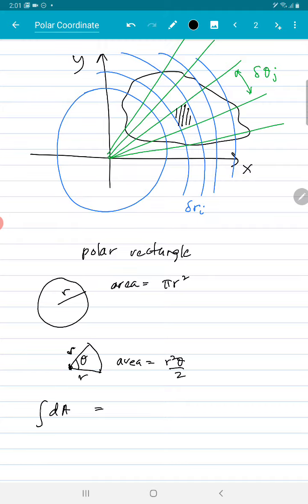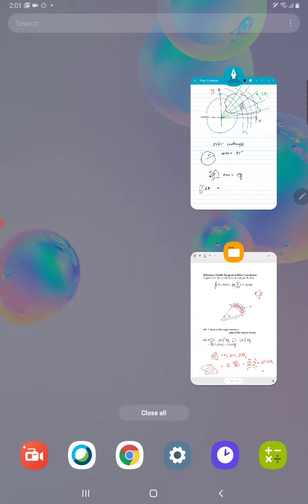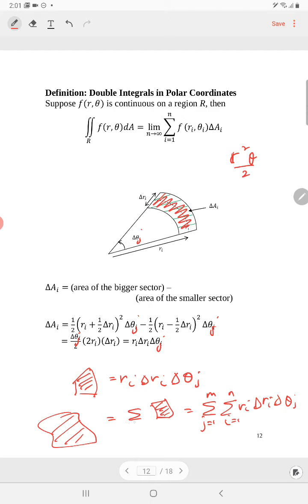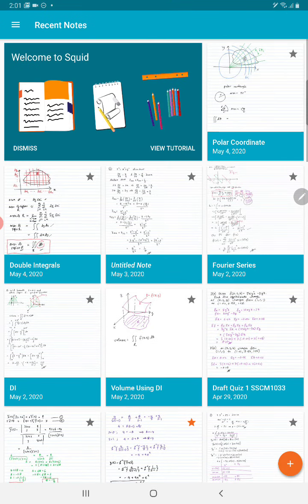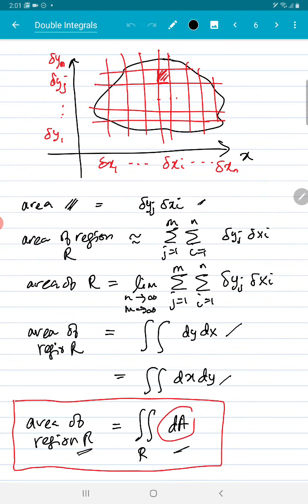Okay, so dA. Now to get this more accurate, we have to let delta ri and delta theta j be very, very small, close to 0, similar to the double integral. Okay, similar to that one. We have the limit of summation, and then that will be changed into integration.